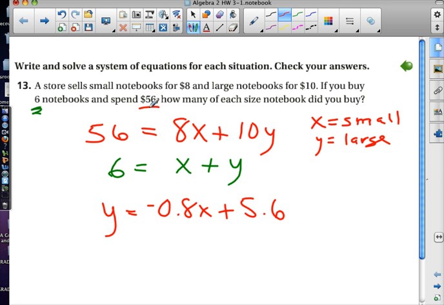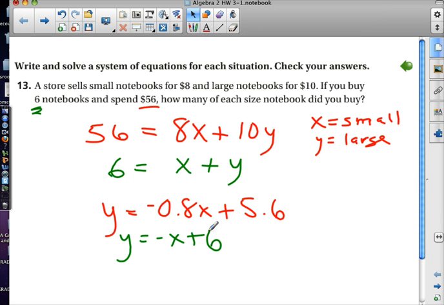And then the green equation will become Y equals negative x plus 6. And from there, I know you can get the rest of it. So you plug those into your calculator and you're going to find the intersection of those two, and that will give you your answer for number 13.